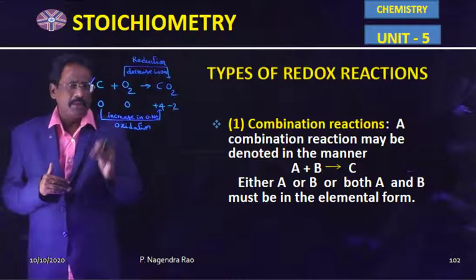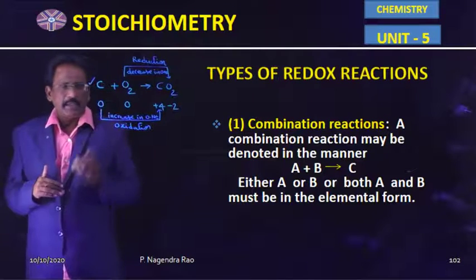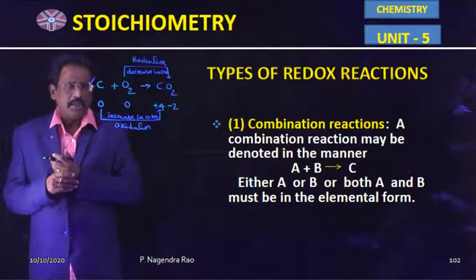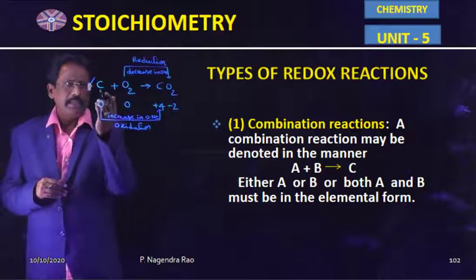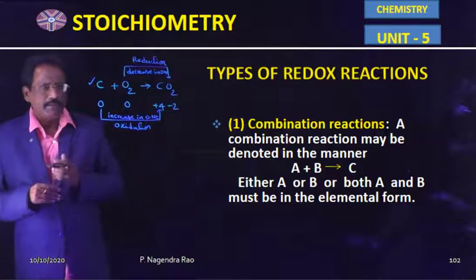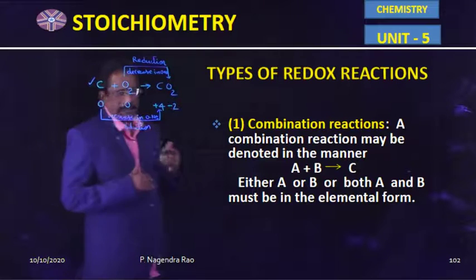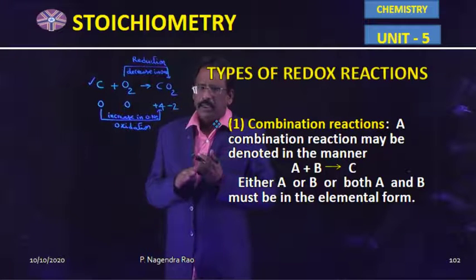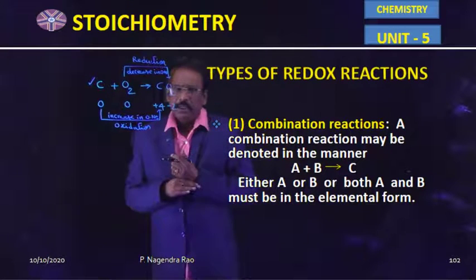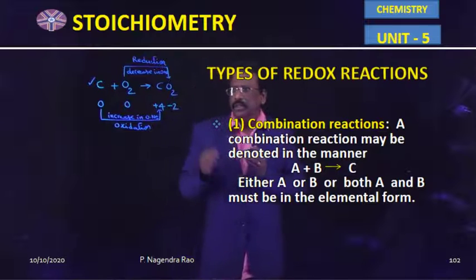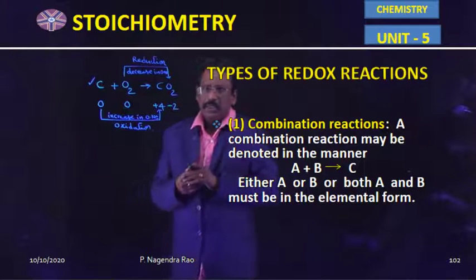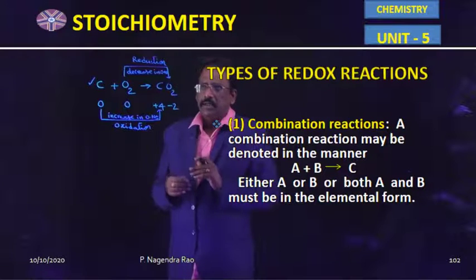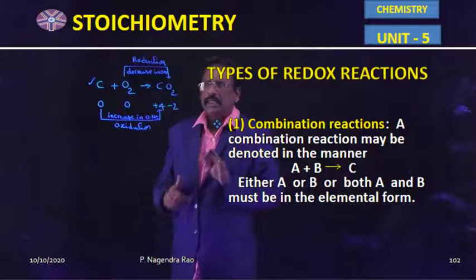In this example, both carbon and oxygen are in elemental form. Of course, oxygen is in homoatomic molecule form and carbon is in elemental form. So, in any chemical combination reaction, either A or B or both A and B must be in elemental form. A very important point is decrease in oxidation number is known as reduction.